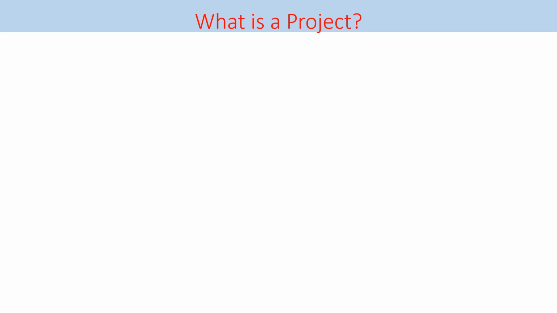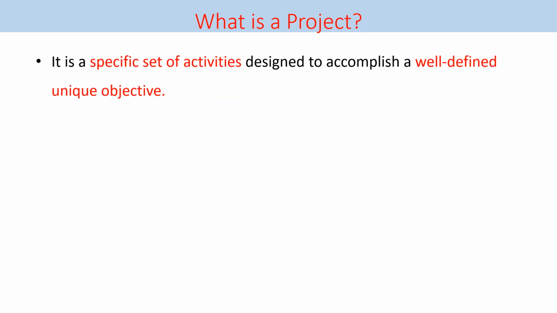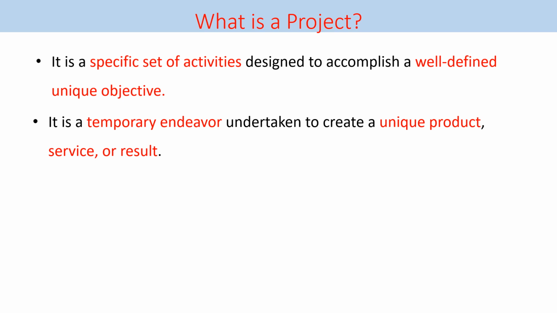Coming to the definitions of a project, there are different definitions provided by different scholars. Let us see two of them. What I observe from the definitions is that there are important common terms within all of them.